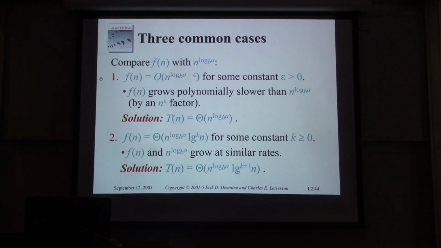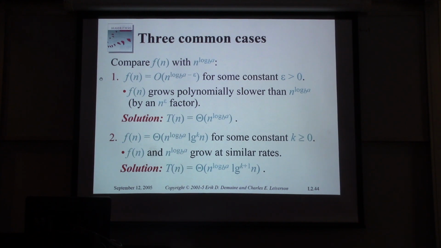That would equal 1, because that would be lg to the 0th power of n. So if your actual function does not have an lg in it at all, and by the way, all logs are proportional, so don't worry about base 2, base 3, base e, if it's all polynomial, then assume k is 0, and then you can find equality.